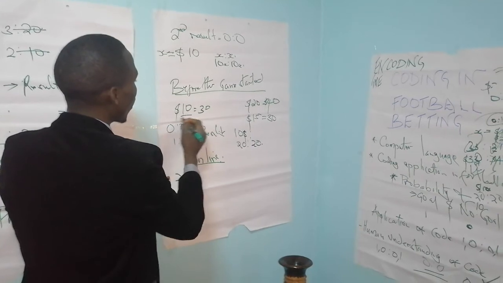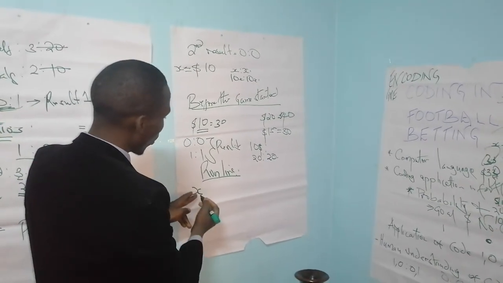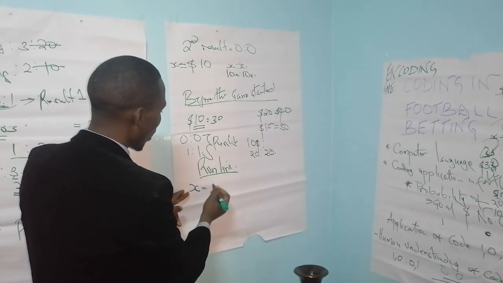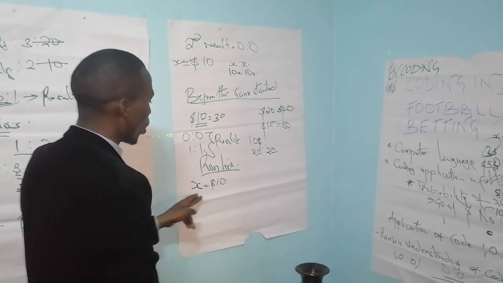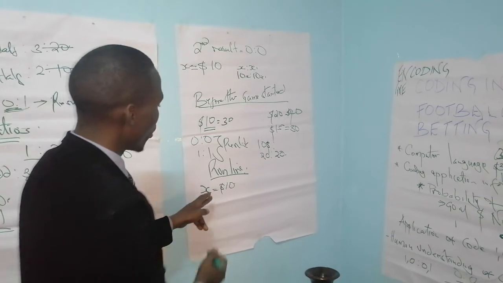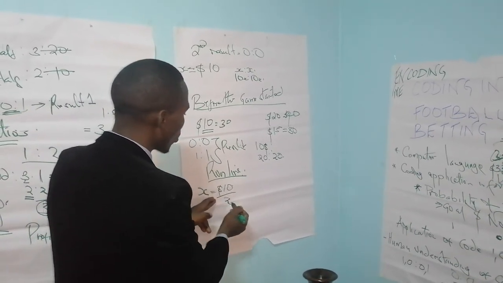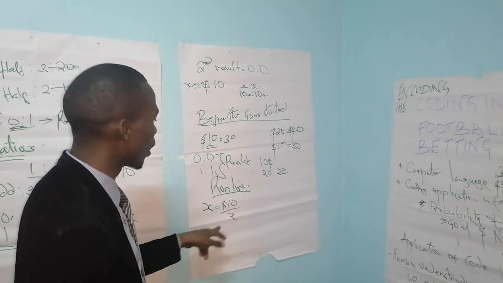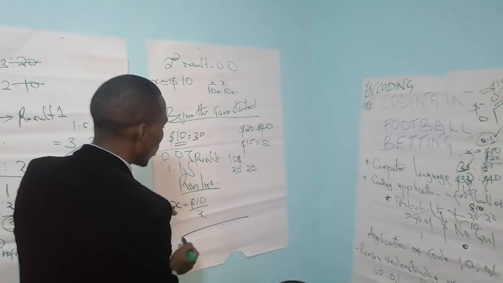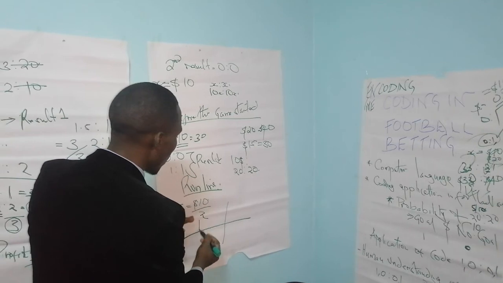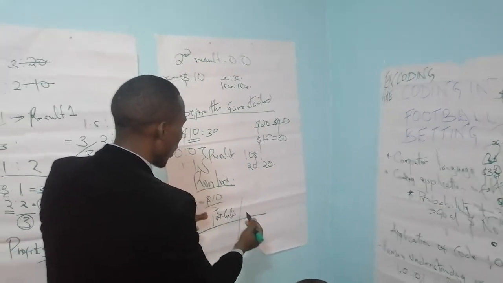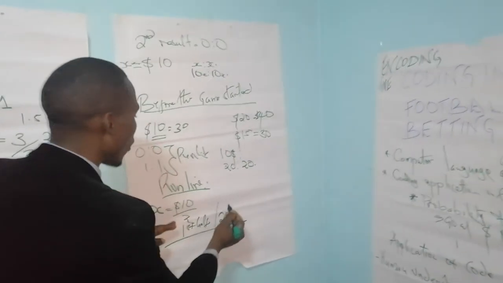So the pending $10 will run the live, but you'll divide it into two. One will run on the first half, the second will run in the second half.